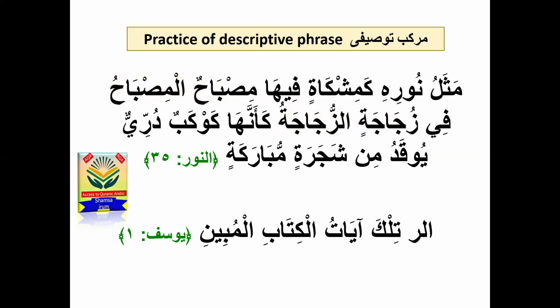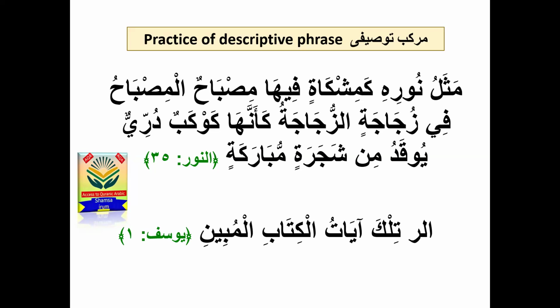So they are not matching with each other. And zujajatin and az-zujajatu, they are not matching in two qualities. Zujajatin is nakira and az-zujajati is marifa. And the first part is majroor and the second part is in rafa state. So that's why they are not Murakab Tauseefi.